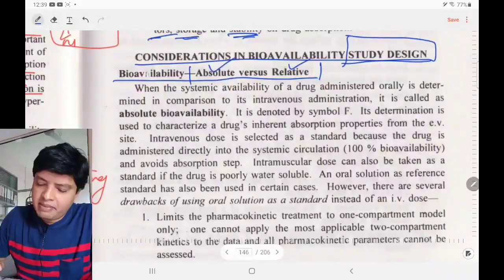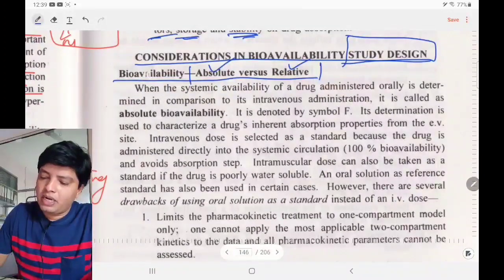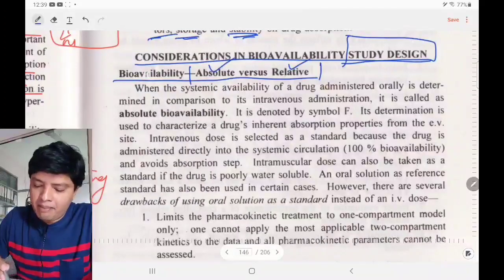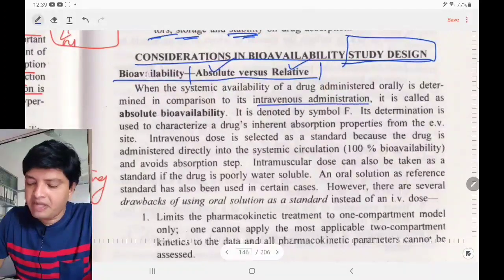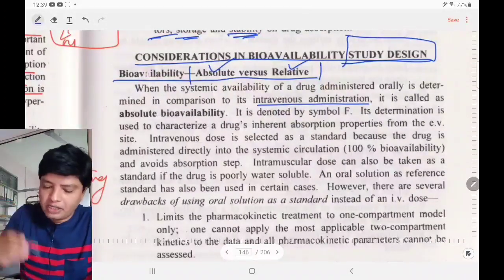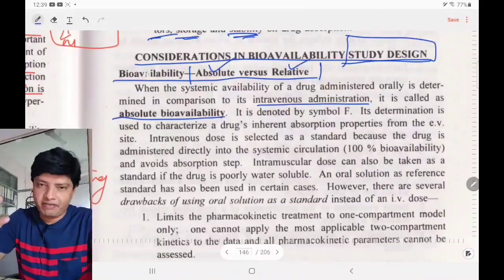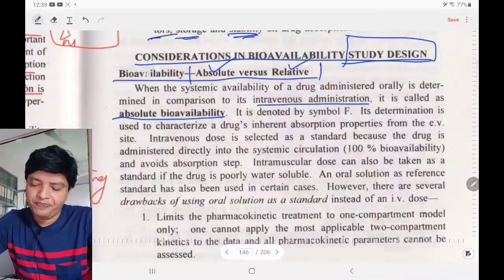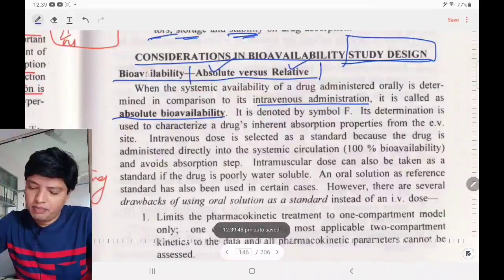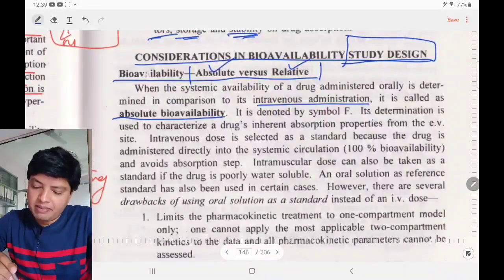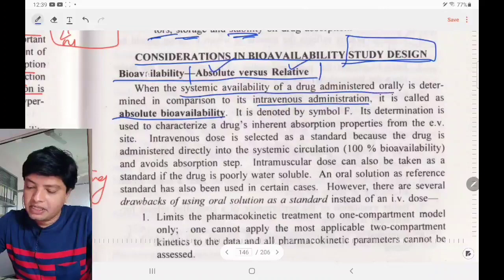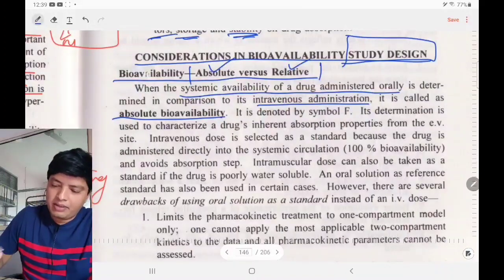So, when the systemic availability of a drug administered orally is determined in comparison to its intravenous administration. We are going to see the definition of absolute bioavailability. What do you mean by absolute bioavailability?